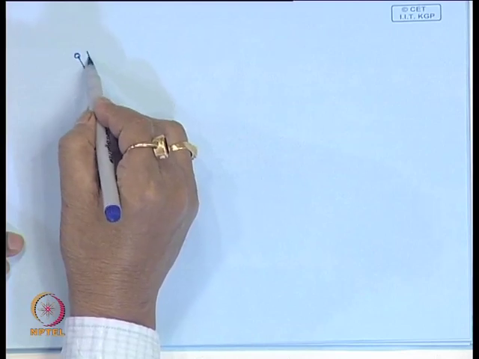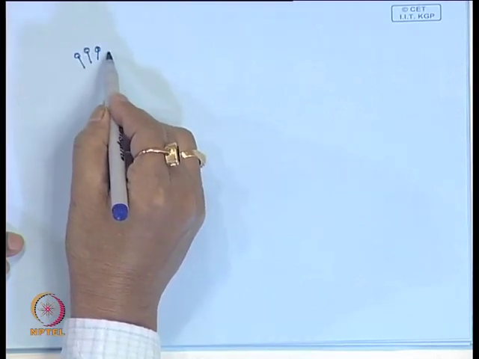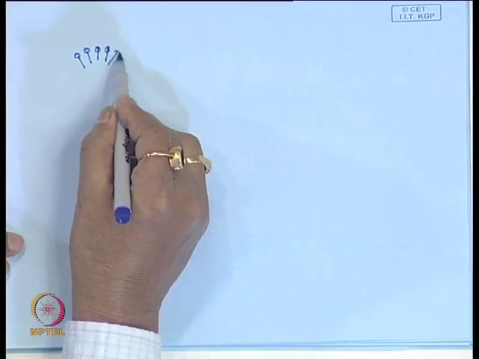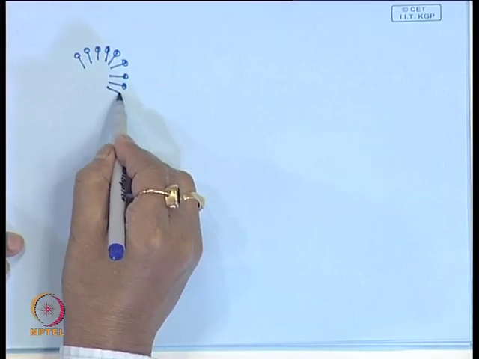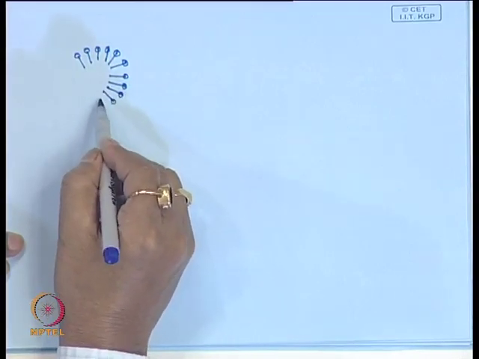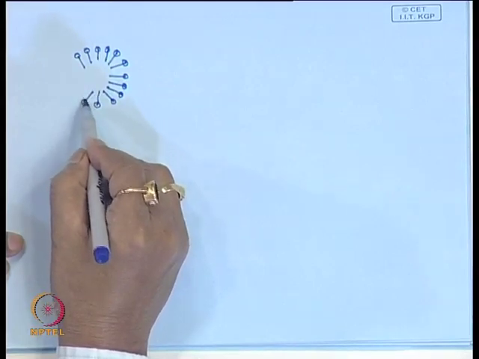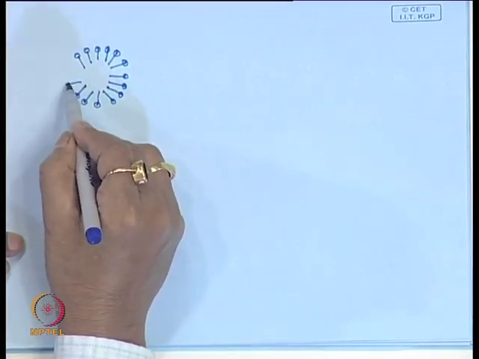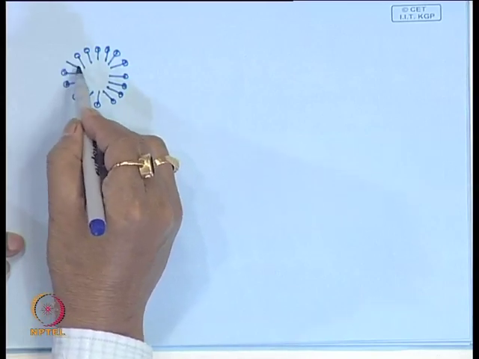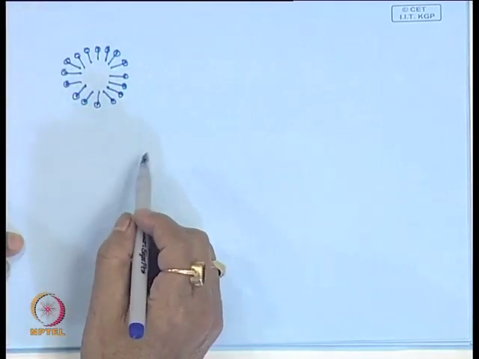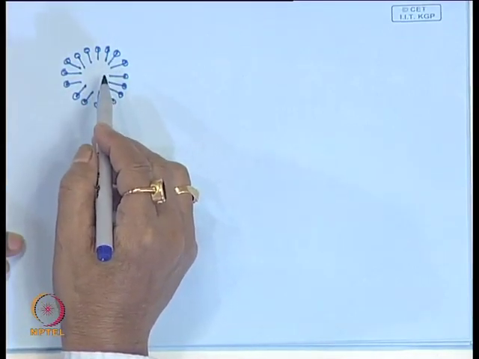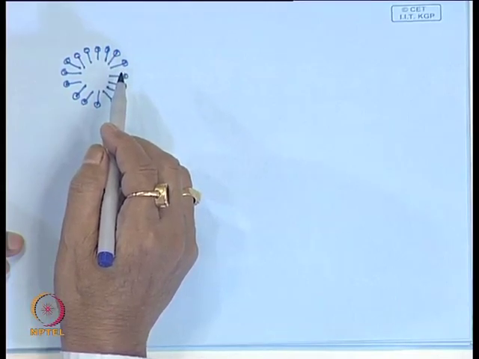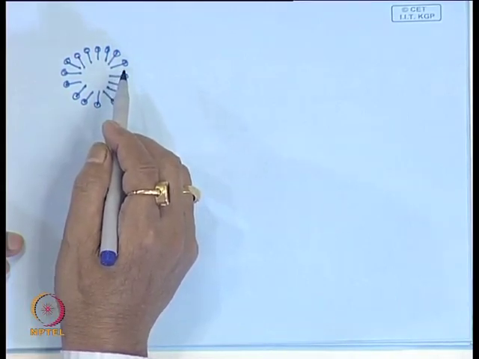Say, if you add soap molecules to water, it can form aggregates like this, as I am drawing. These are sodium salts of fatty acid, suppose, or organic sulfonates or detergents.